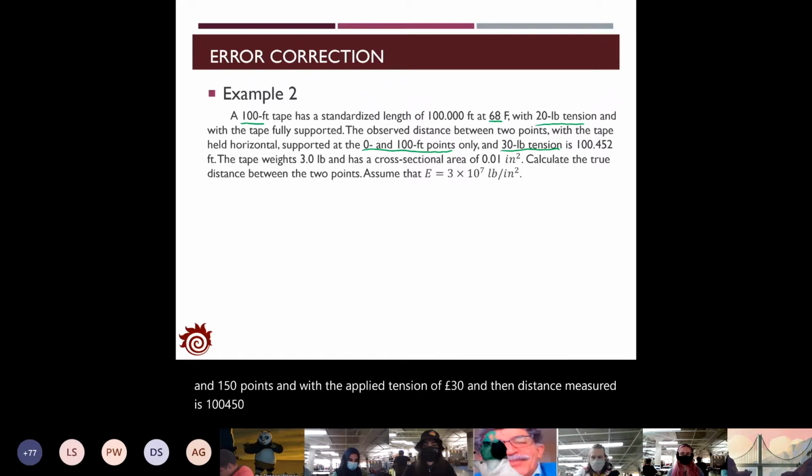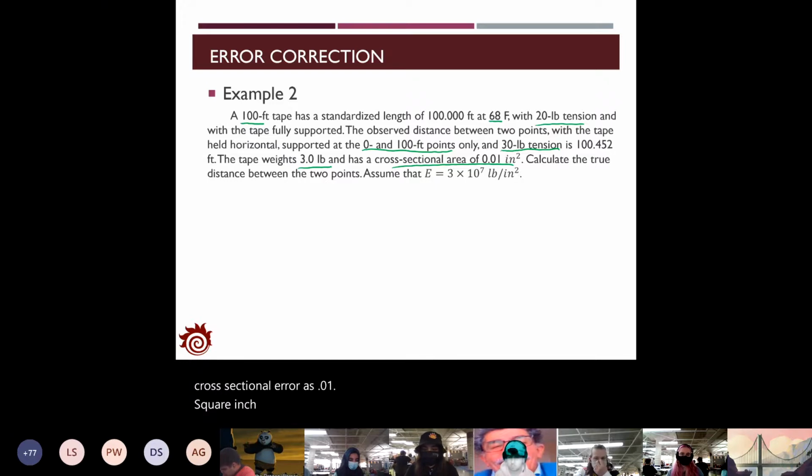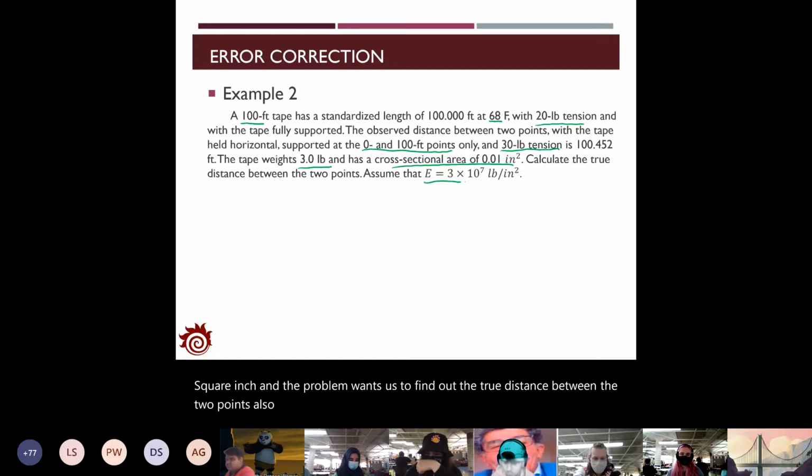And the distance measured is 100.452 feet. The weight of the tape is 3 pounds and it has a cross-sectional area of 0.01 square inch. The problem wants us to find the true distance between the 2 points. Also, we assume the elasticity modulus is 3 times 10 to the power 7.